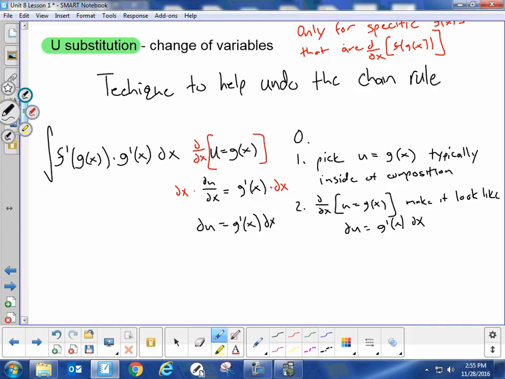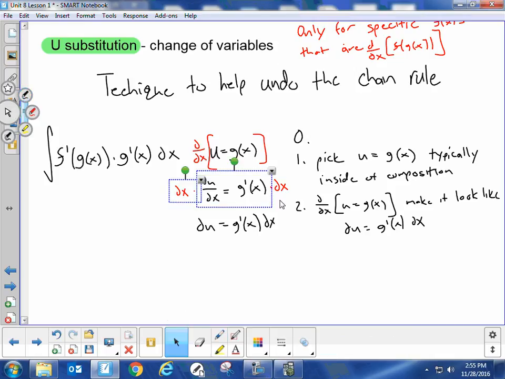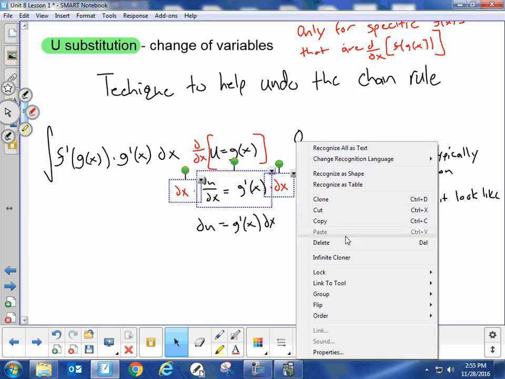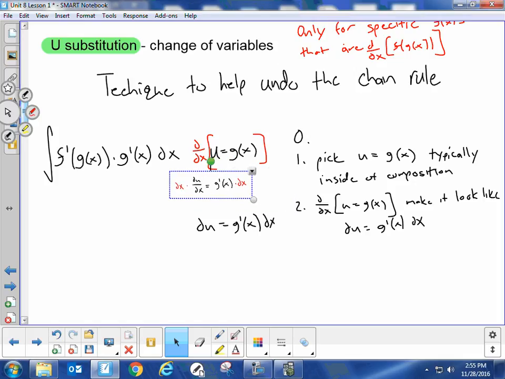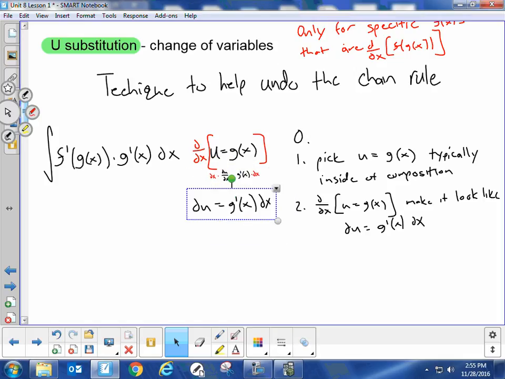I'm going to need that dx here. Okay, so I'm skipping this in the future, and I'm jumping right to du equals g prime of x dx. I'll show you that in a second. Okay.